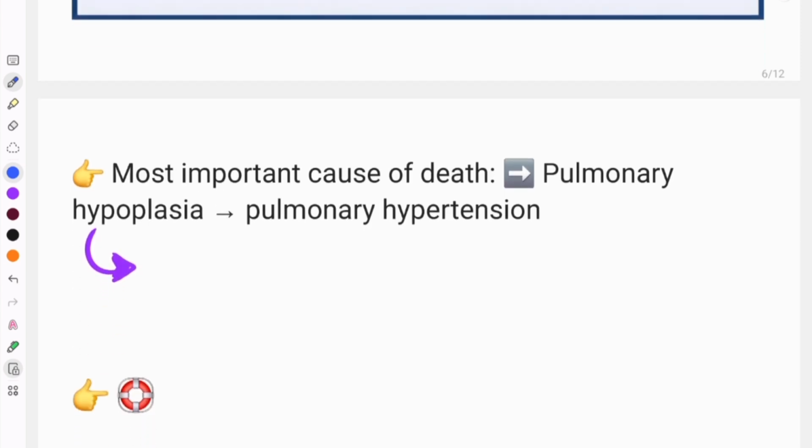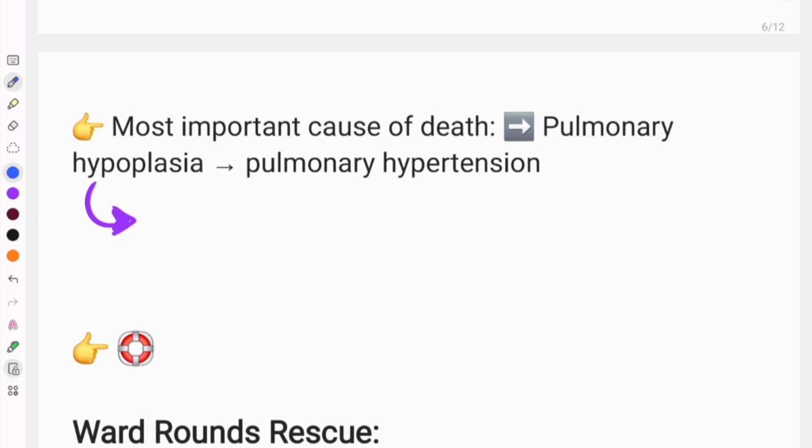The most important cause of death is pulmonary hypoplasia, which causes pulmonary hypertension. Here, the underdeveloped small lungs have a reduced vascular bed, which increases the resistance to blood flow, which causes pulmonary hypertension.